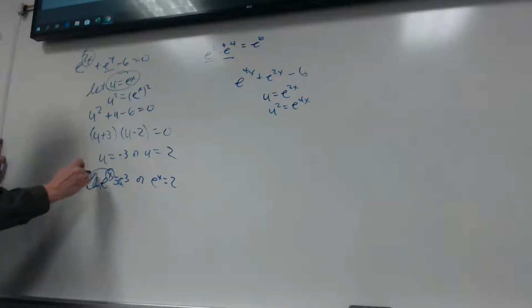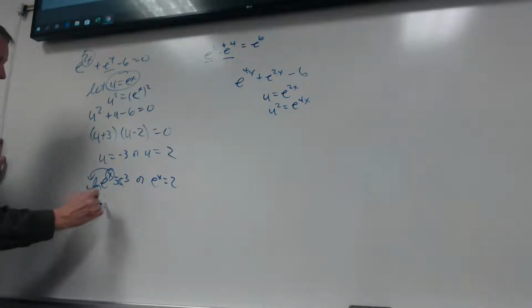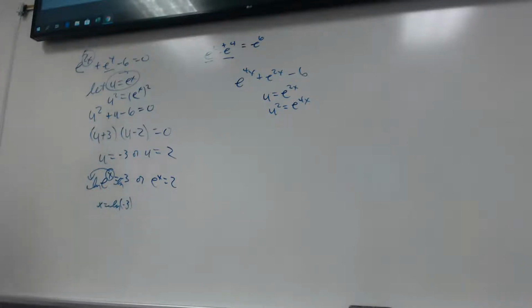You pull that out front and you get x equals the ln of -3. And hopefully you would know that didn't work. But if you didn't, you'd plug it in your calculator and it would say error, and then you would know it didn't work. Except some of you would think, oh, I must have made a mistake. Yeah, so this one does not work, okay?